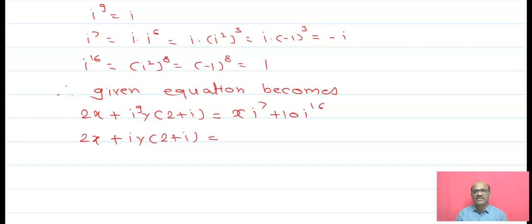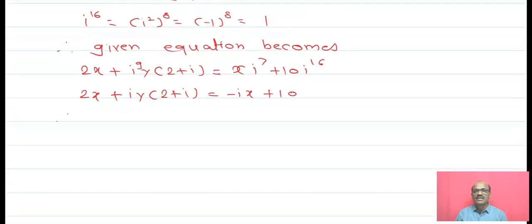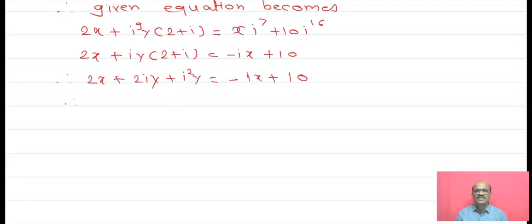Now we substitute the values: i raised to 9 means i, i raised to 7 means minus i, and i raised to 16 means 1. Therefore 2x plus 2yi plus i square into y, but i square is minus 1, equals minus ix plus 10, and that's why you will get 2x minus y plus 2iy equals minus ix plus 10.